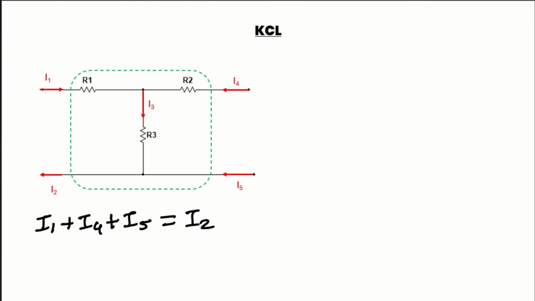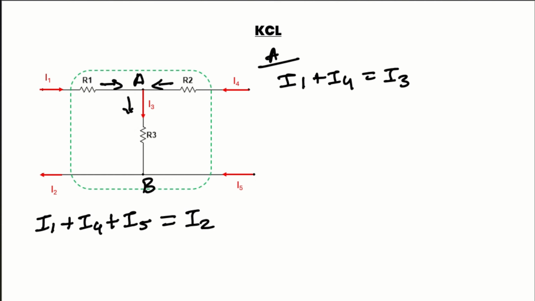Now let's try to prove this rule. Here I am going to consider two junctions, A and B. If I apply KCL at junction A, I can write I1 plus I4, which are the currents coming into the junction, and it should be equal to I3, which is going out from the junction.